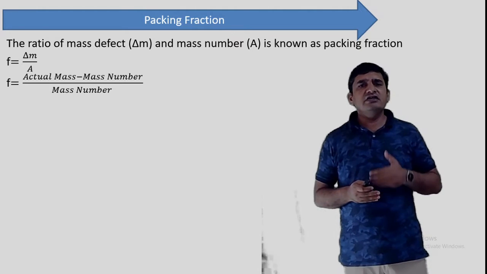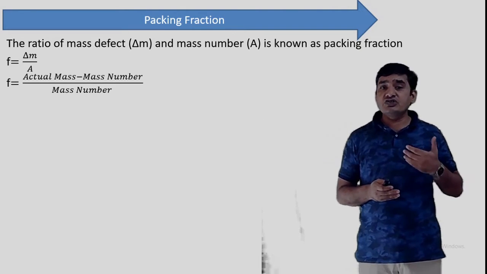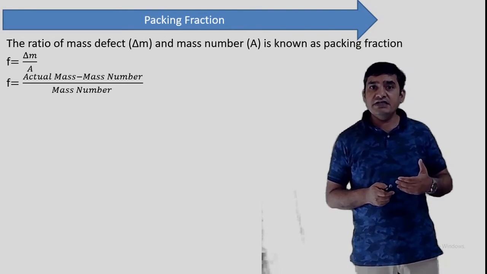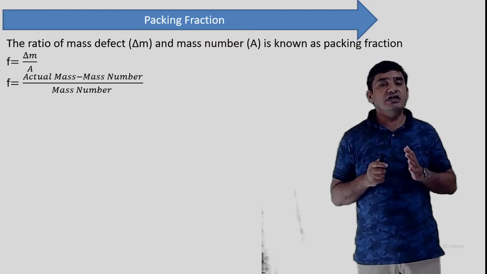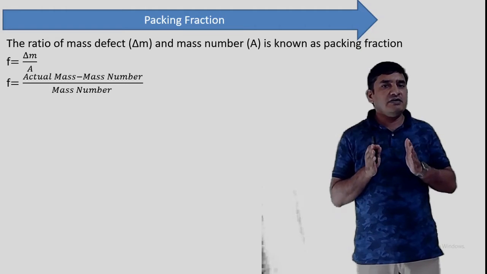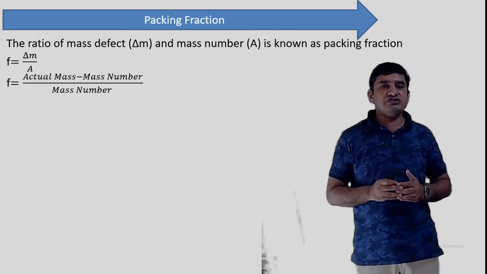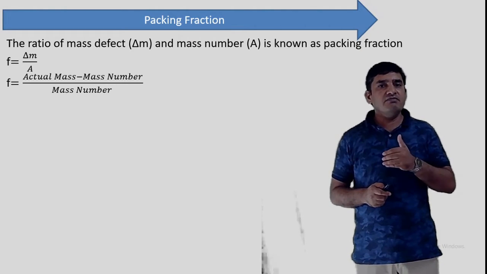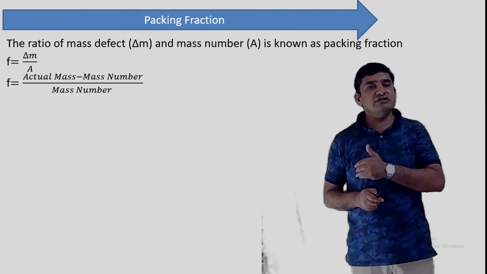Therefore we can write the packing fraction F is equal to actual mass minus mass number divided by mass number, because the mass defect delta M is the actual mass minus mass number.